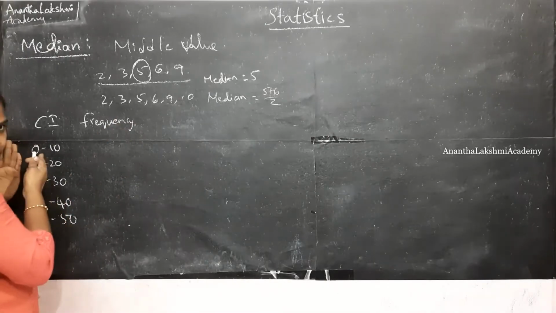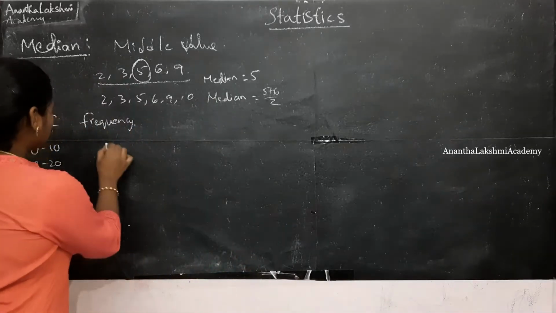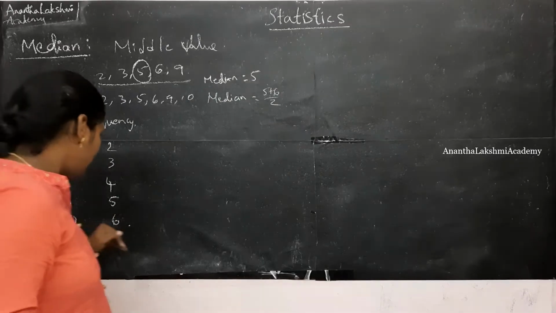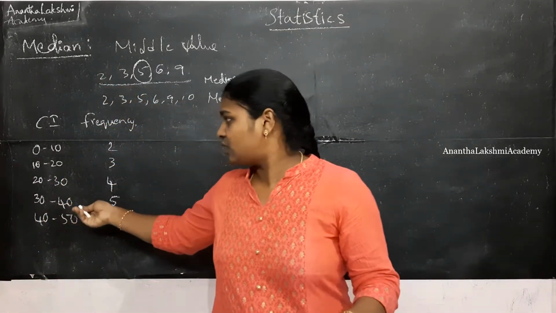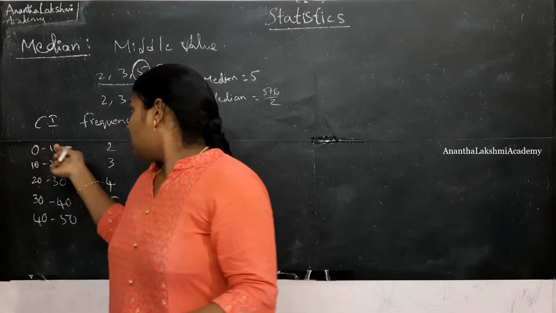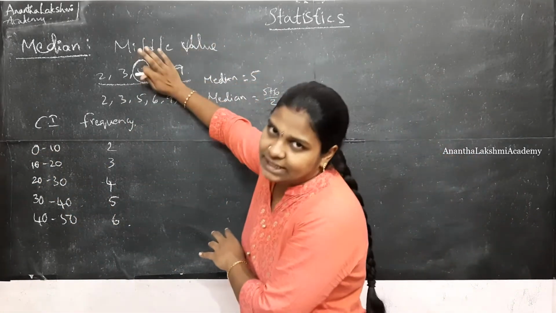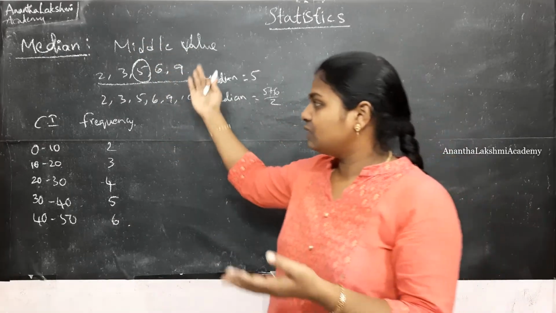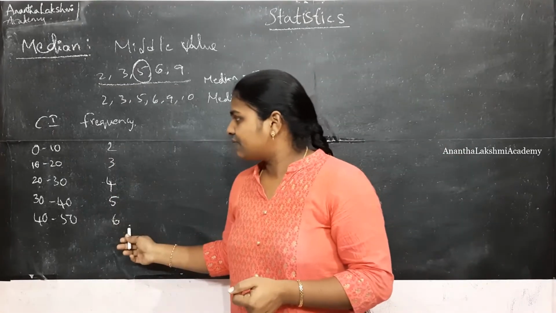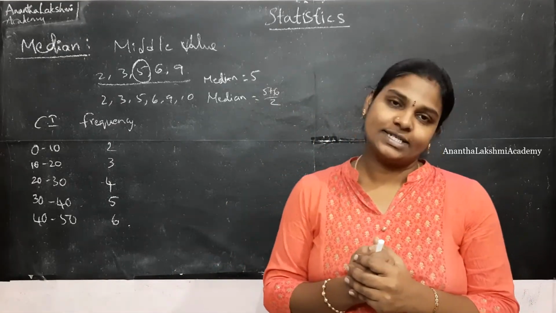Say we are looking at the marks of students: 2 students got between 0 and 10, 3 between 10 and 20, 4 between 20 and 30, 5 between 30 and 40, and 6 students got between 40 and 50. In ungrouped data, we used to figure out a central value. Now here the frequencies and the intervals are given. How do we figure out the median is the biggest question.